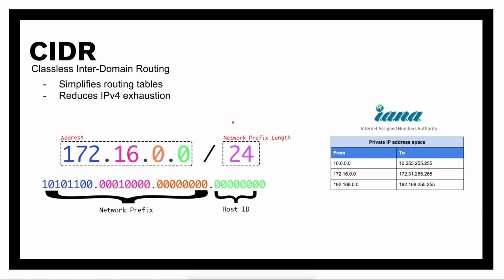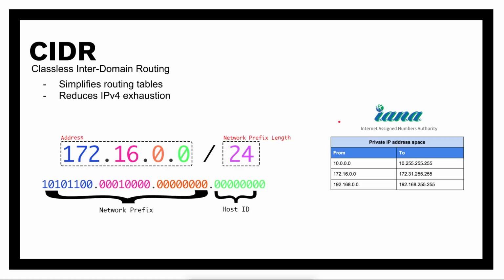So I end up wasting a lot of IP addresses. Well, CIDR is the solution to this. It reduces IPv4 exhaustion, which is a big thing, and it also simplifies routing tables, which is kind of like what we were looking at with NAT, where it routes things easily to these private IP addresses.